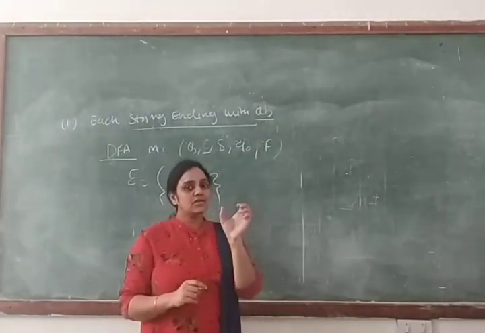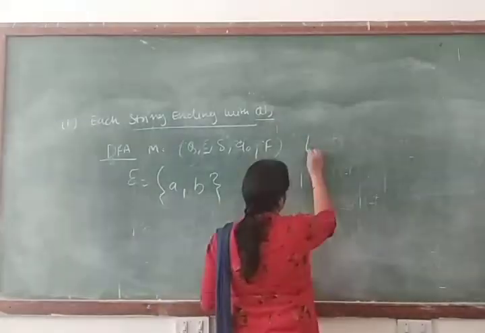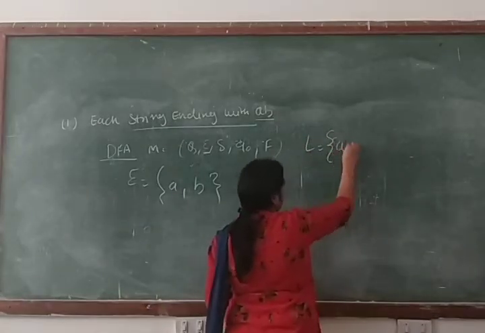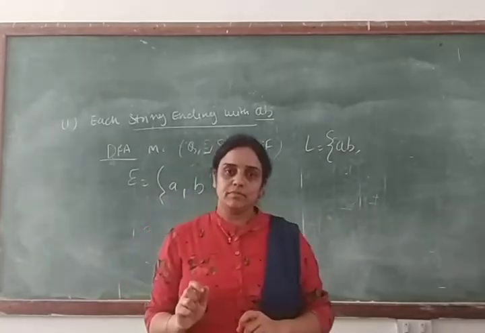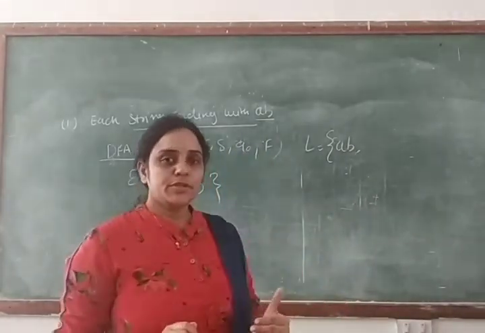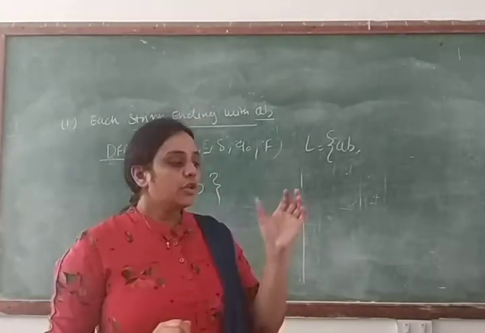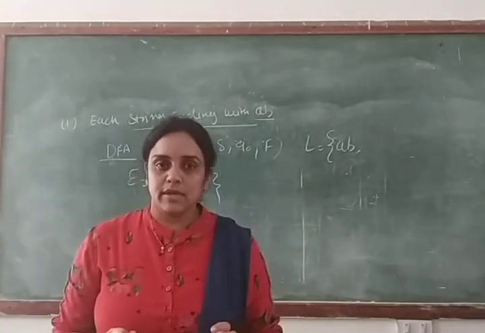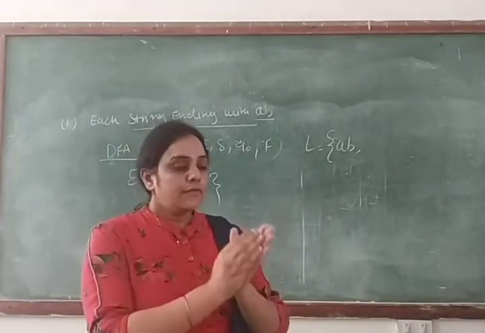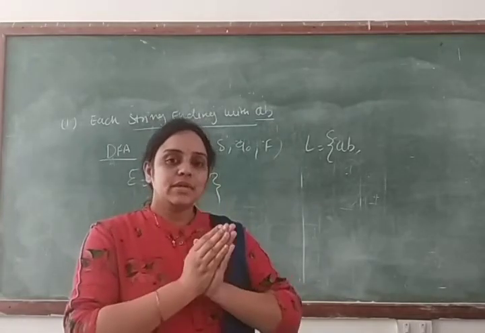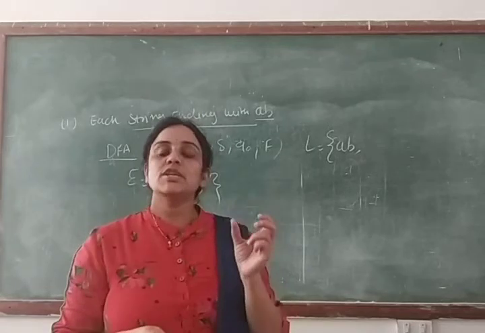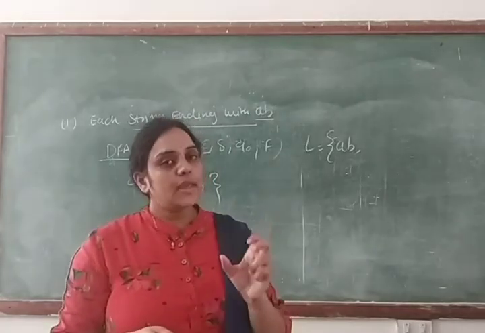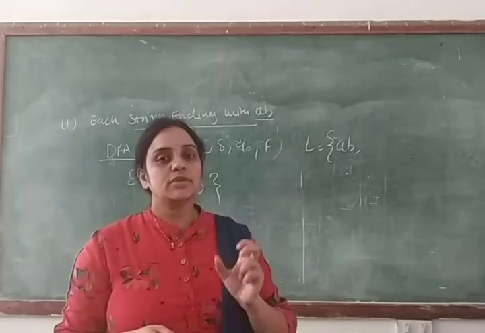Your smallest length string will be AB, because you have two input symbols and the condition is that your string should end with AB. Clear? So our first step for making the DFA machine is to find out the smallest length string using the input symbols.